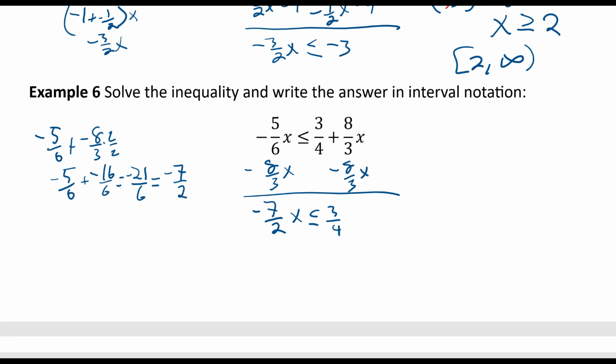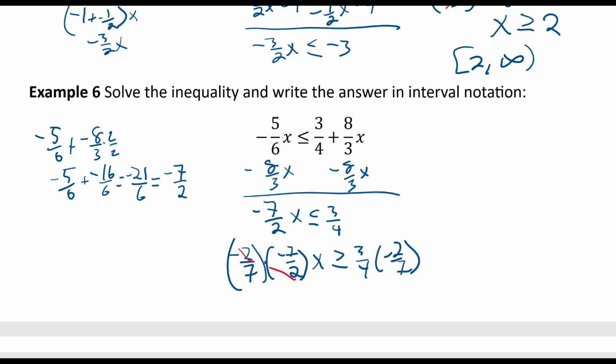And now we want to get the x by itself. So we're going to multiply by the reciprocal here. So that'd be negative 2/7 times that negative 7 halves x. And we multiply by the negative, it switches the sign, so it's greater than or equal to 3/4 times negative 2/7. So on the left side, these divide out, that divides out. On the right side, I have 3/4 times negative 2/7.